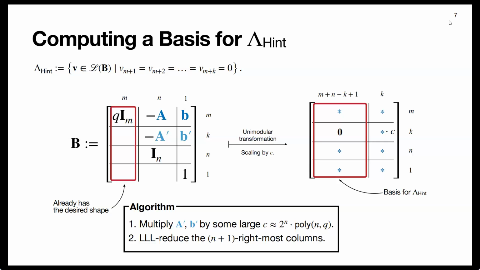If I want to compute the kernel, I have to specify the kernel over which field. Do I want to do it over a finite field, or maybe the rationals? Here it has to be basically over the integers.